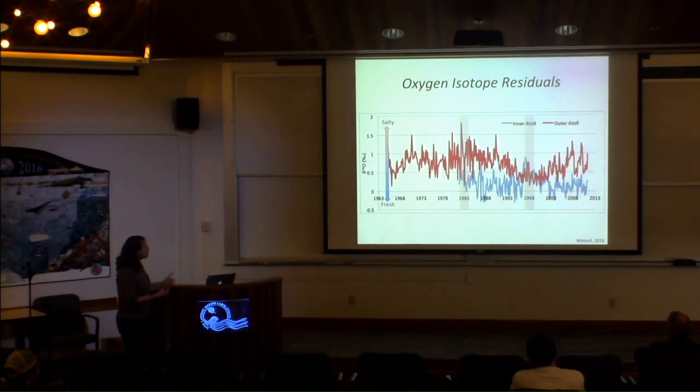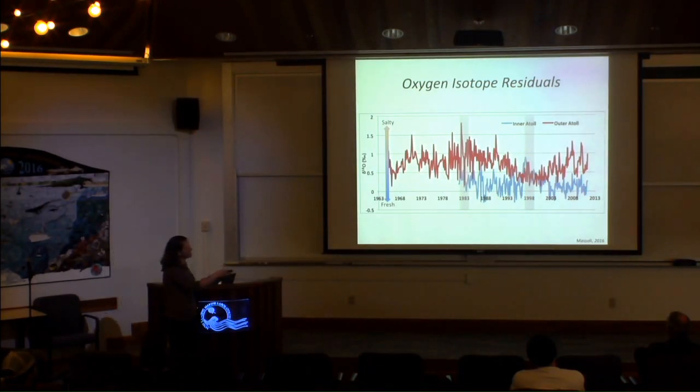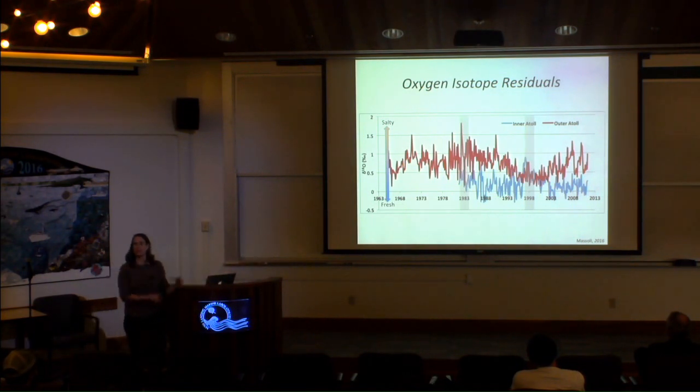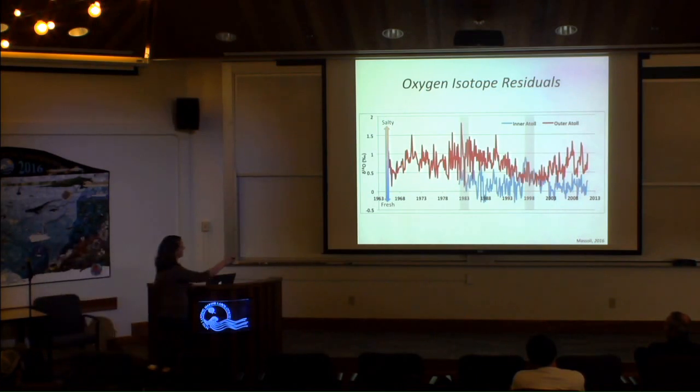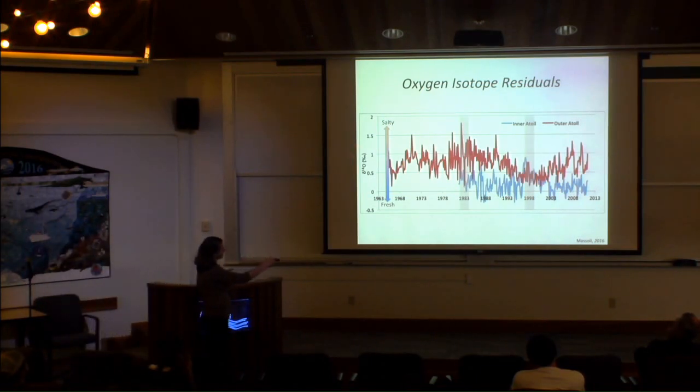So at this point, we suggest that we're really seeing the counter current being the more dominant water source at this time, because the winds have relaxed and we're bringing fresher water in, because the warm pool is more salty.